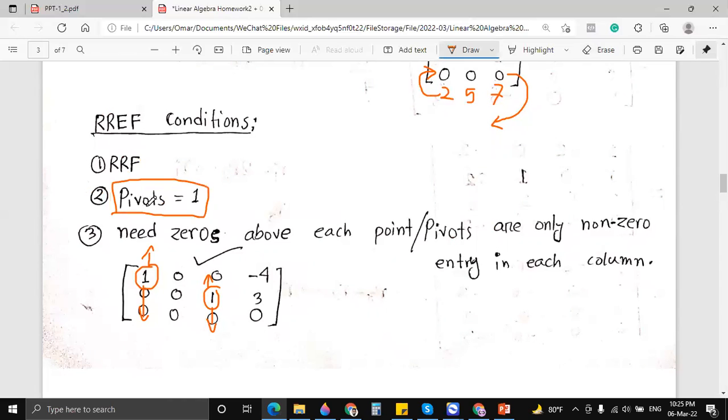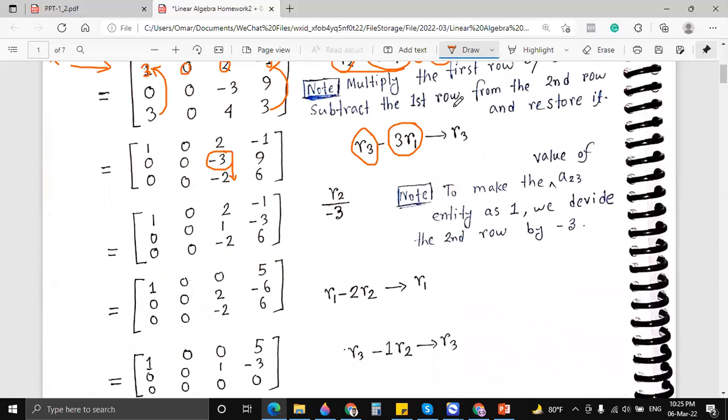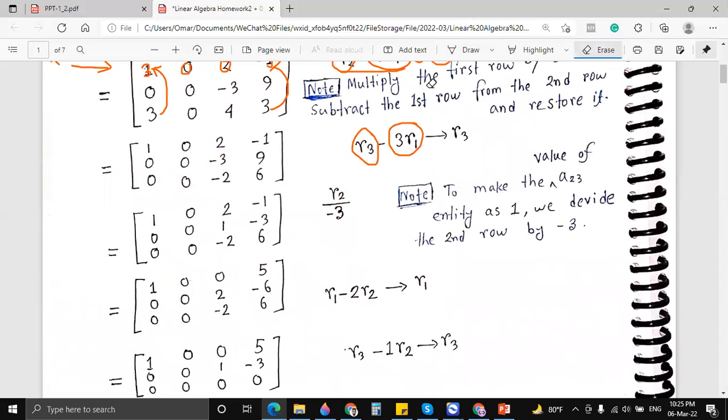To make the pivot 1, we divide by minus 3. We cannot divide only the pivot point; we need to divide all the numbers in this row by minus 3.